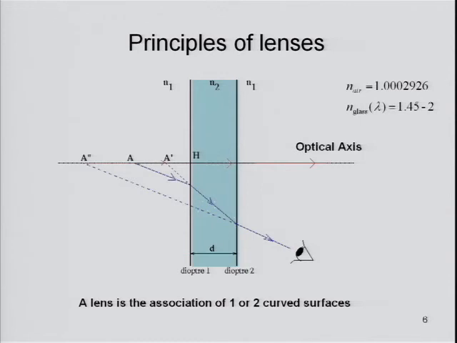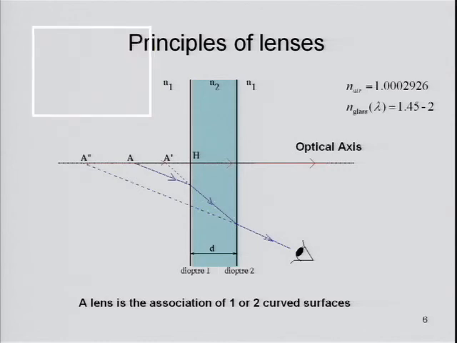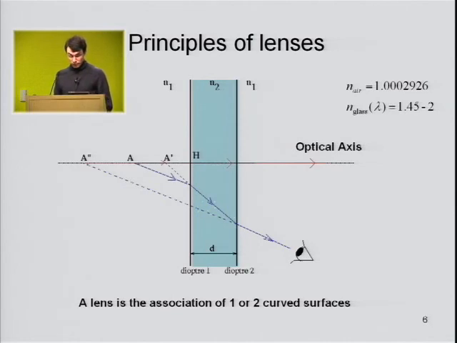So as we'll see later, A prime and A second are what we call images, but they're not located at the same position. I mean, A and A prime are not coincident, which is not a stigmatic system.